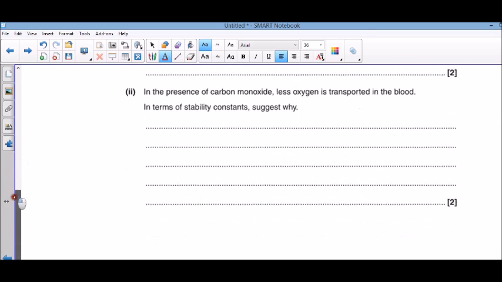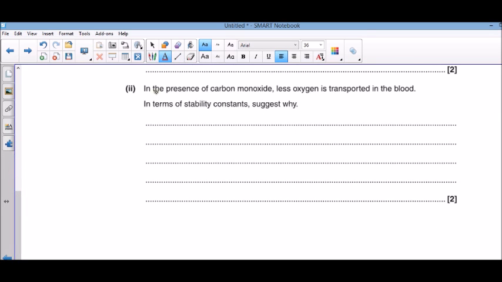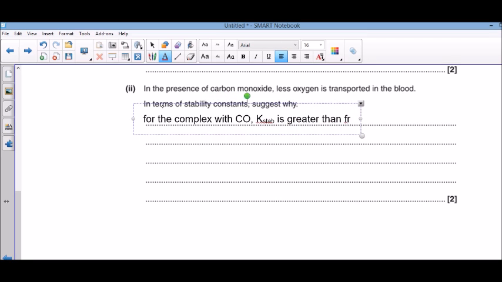Next, we've got a little bit more on K-stab. So what we're going to be talking about here is the size of stability constants, because we're comparing 2 ligands. So what we need to say is that for the complex with carbon monoxide, K-stab, or stability constant, is greater than for the complex with O2.